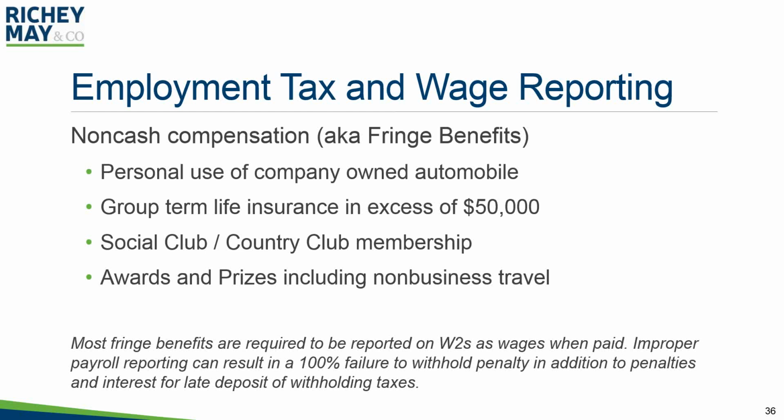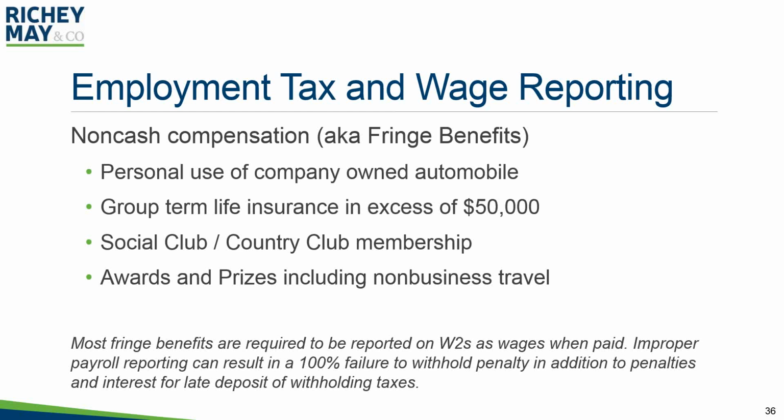Another one up there, group term life insurance in excess of $50,000. That's pretty prevalent. Any social or country club dues, even if it's a corporate membership and you have certain employees using it, if the per employee amount or value of that membership exceeds the de minimis fringe benefit threshold, those amounts should be included in W-2s.